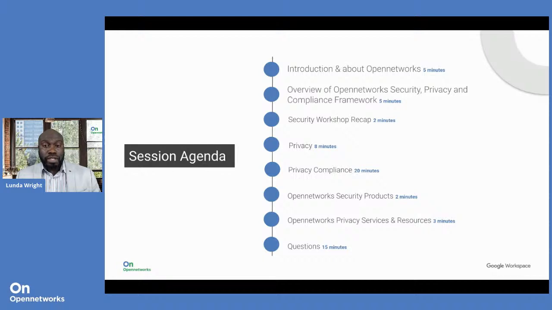I'll take a brief moment to talk about our products and also our services and resources. And then at the end, we're going to deal with questions. I'm hoping to make more time available for the question and answer session, so I'll keep everything before it to a minimum.